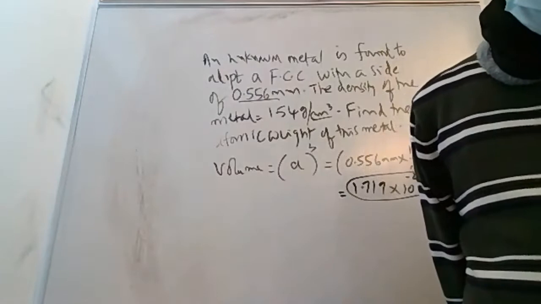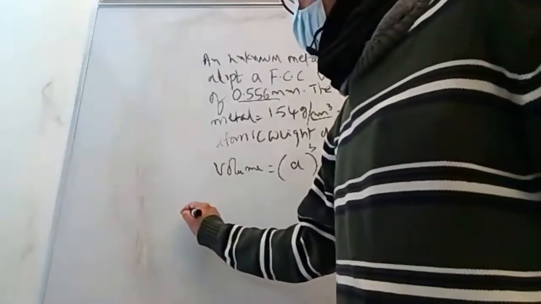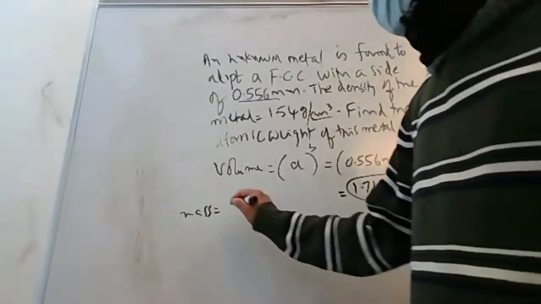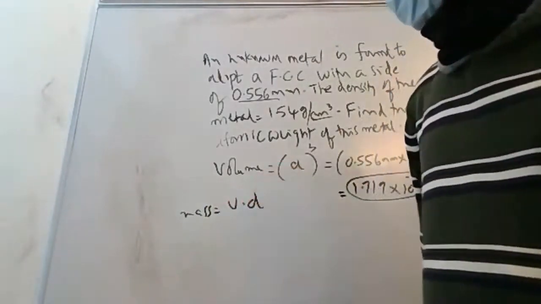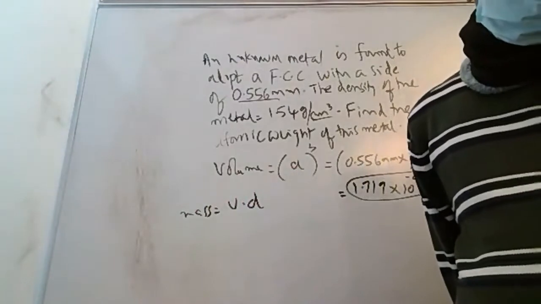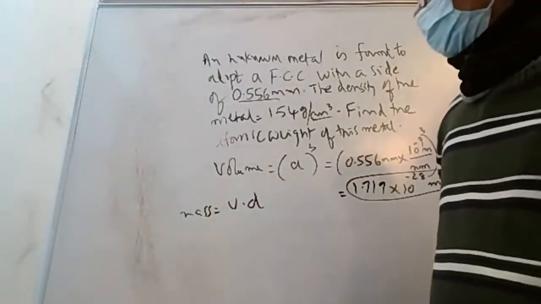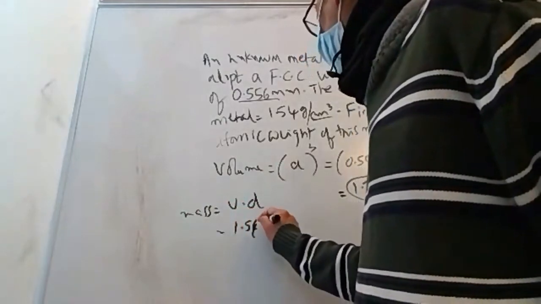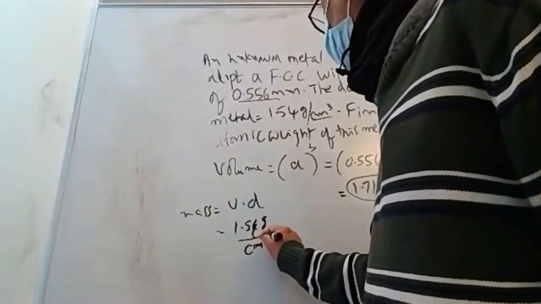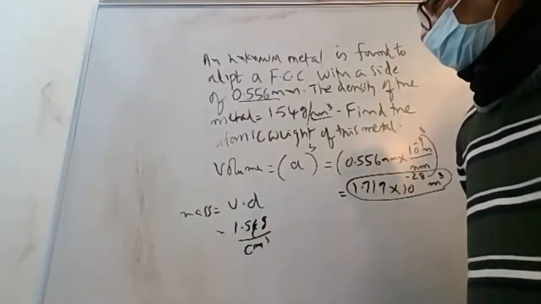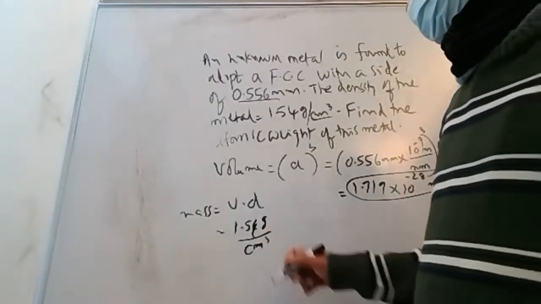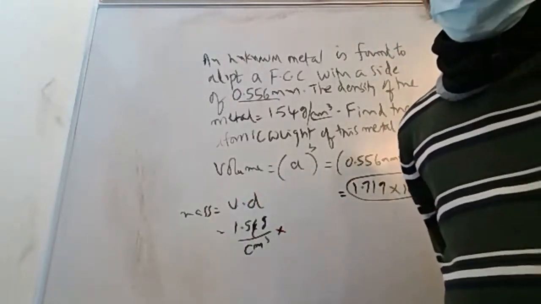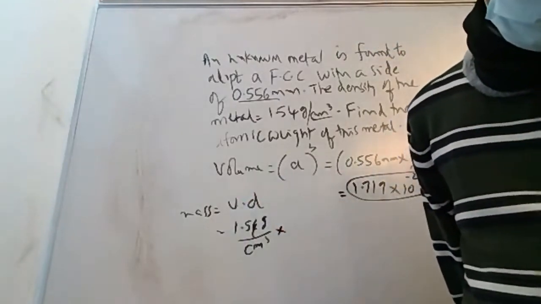So the mass is volume times density. I know the density is 1.54 grams per cubic centimeter, however, my volume is in cubic meters, so I need to change cubic centimeters to cubic meters.